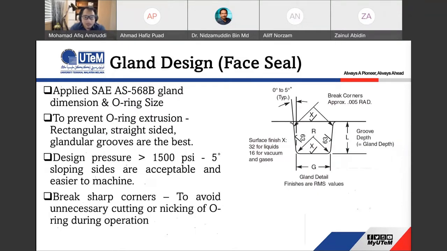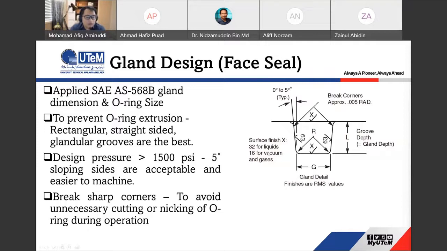This one is for gland design for face seal. This one is very particular because in our case, we want to make sure that our fabricator designs this groove very carefully. We have to make sure that our dimensions are calculated properly. If you can see on this X, the X is the surface finish, 32 micron for liquid and 16 micron for vacuum and gas.